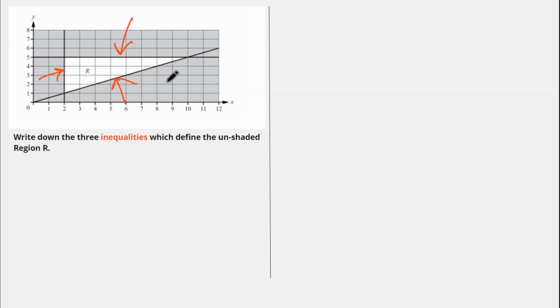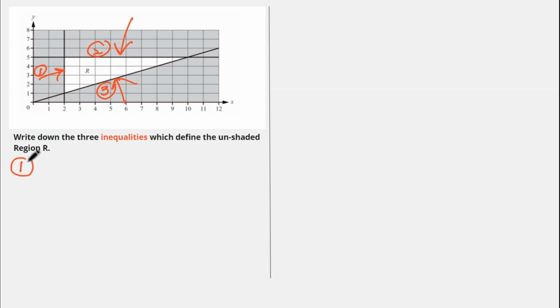So let us start and find the equations. Step 1 is to first find the equations of all the straight lines that bound your region. Let's say this is line number 1, this is line number 2, and this is line number 3. Let's start with line number 1.